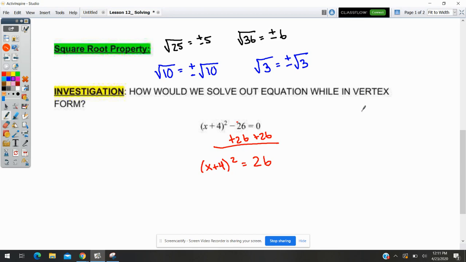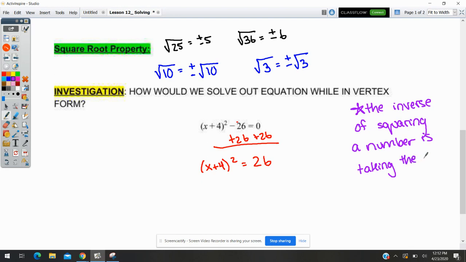As a side note, the inverse of squaring a number is taking the square root. Write that down in your notes.